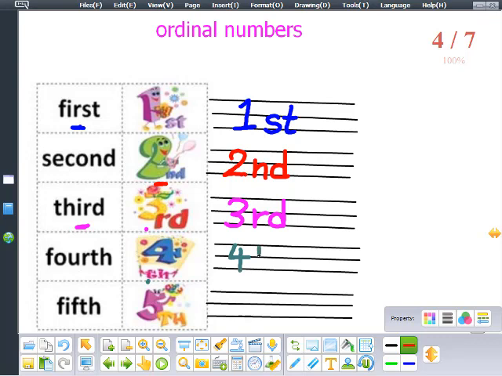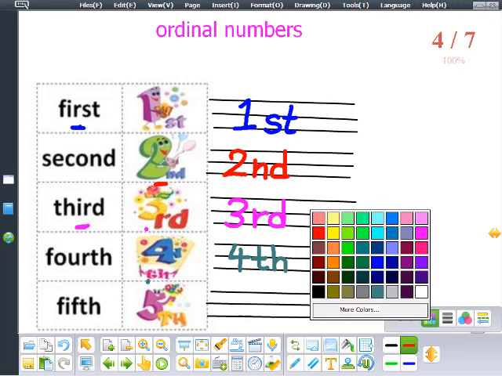So it becomes fourth. What comes after number 4? Well done.